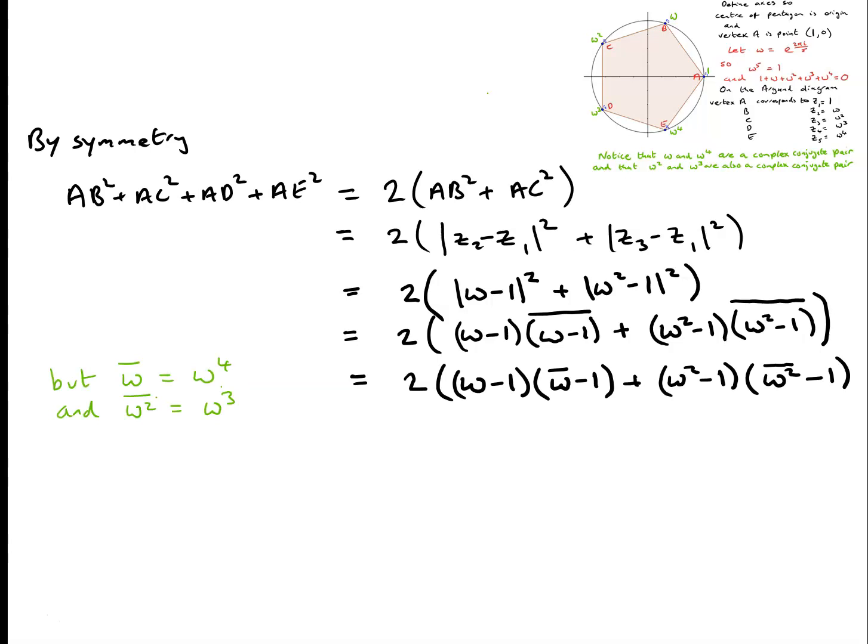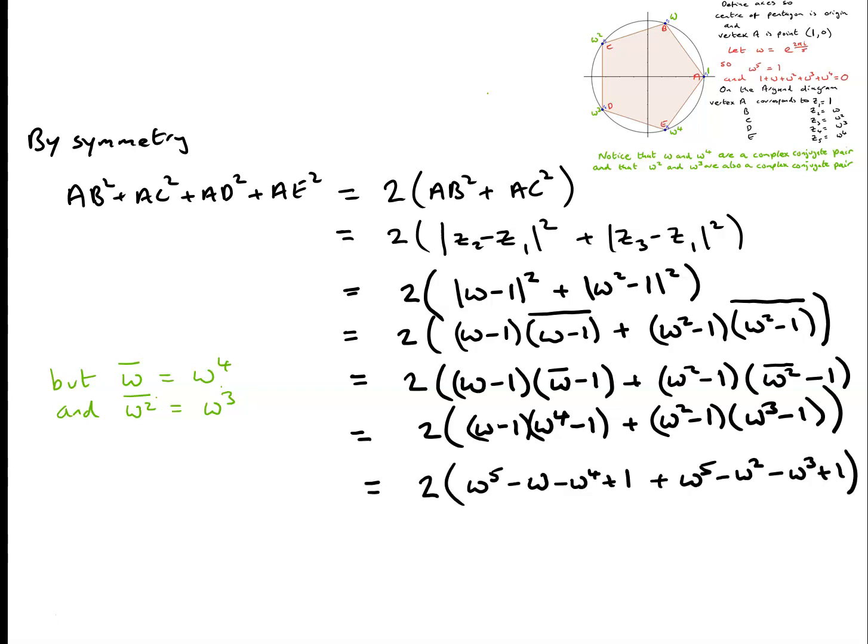Now, we've already commented on the fact that the conjugate of omega is omega to the power 4, and the conjugate of omega squared is omega cubed. So substituting these in, the expression for AB squared plus AC squared plus AD squared plus AE squared is now 2 lots of omega minus 1 times omega to the 4 minus 1, plus omega squared minus 1 times omega cubed minus 1.